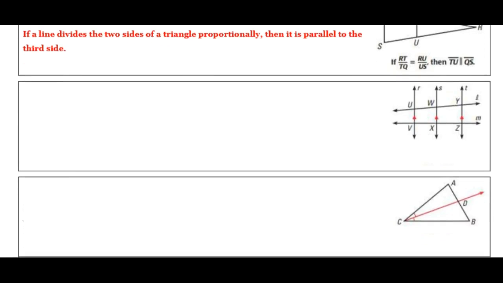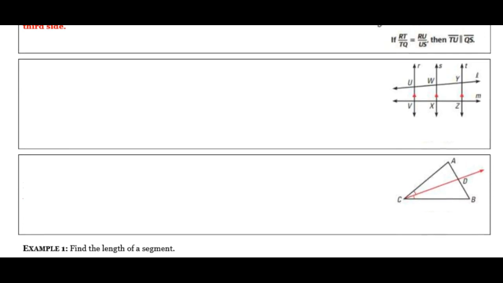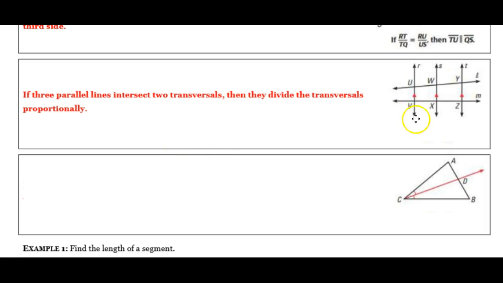The next 2 that we're going to learn don't actually have names. If you've got 3 parallel lines and they are intersected by 2 transversals, so here I've got lines R, S, and T. Those are 3 parallel lines, and I've got transversal L and transversal M. Then our transversals are divided proportionally.